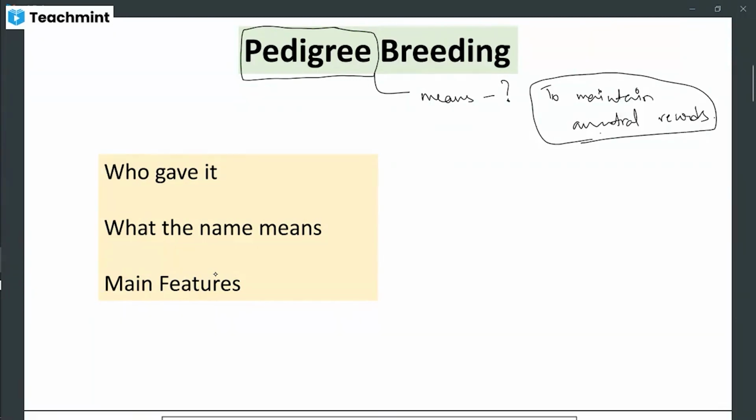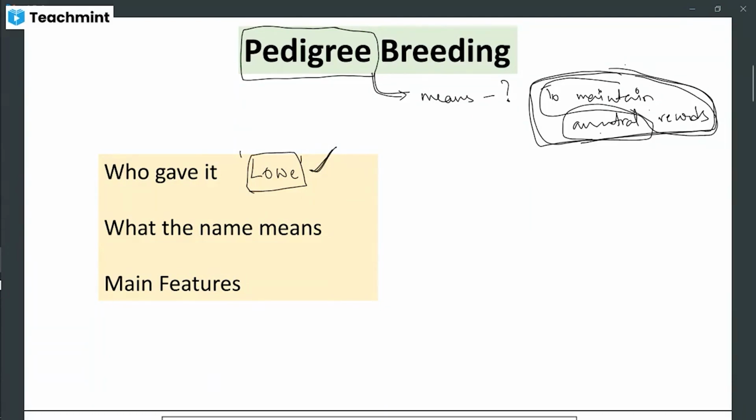So throughout this breeding program, we will be maintaining the ancestral records. Pedigree breeding was given by a scientist. His name was Lowe. It was not written in any book, but please do note it down. The meaning of pedigree is nothing but to maintain records of their ancestors.